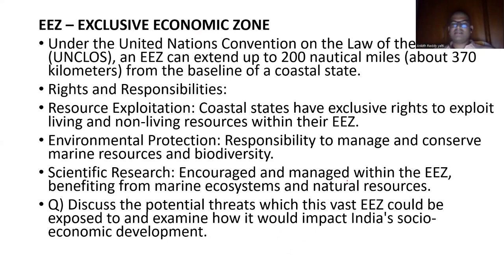Since India has more than 7,516 kilometers of coastline, and also the Andaman Nicobar Islands and Lakshadweep Islands, the extended area can be seen in this region. This extension also helps in security purposes, naval power and strongholds in the Indian Ocean region, and of course scientific research and environmental protection activities can also be done.